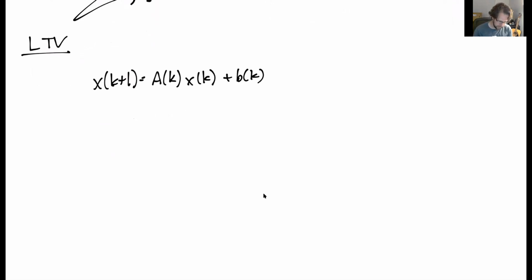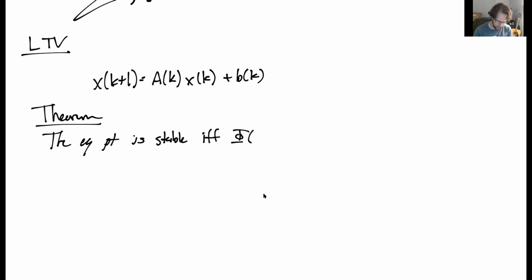So there's a theorem that says if the state transition matrix is bounded, so if, let's say, the equilibrium point is stable, if and only if the state transition matrix from 0 to k is bounded.